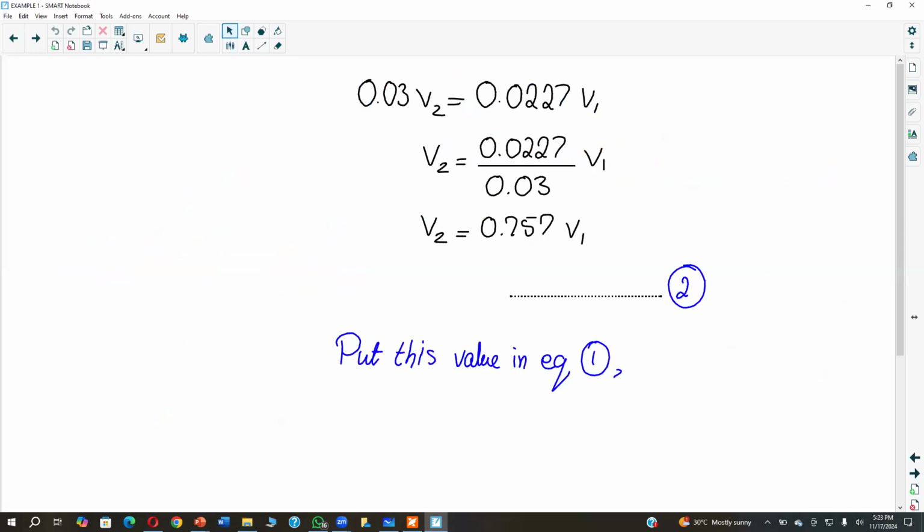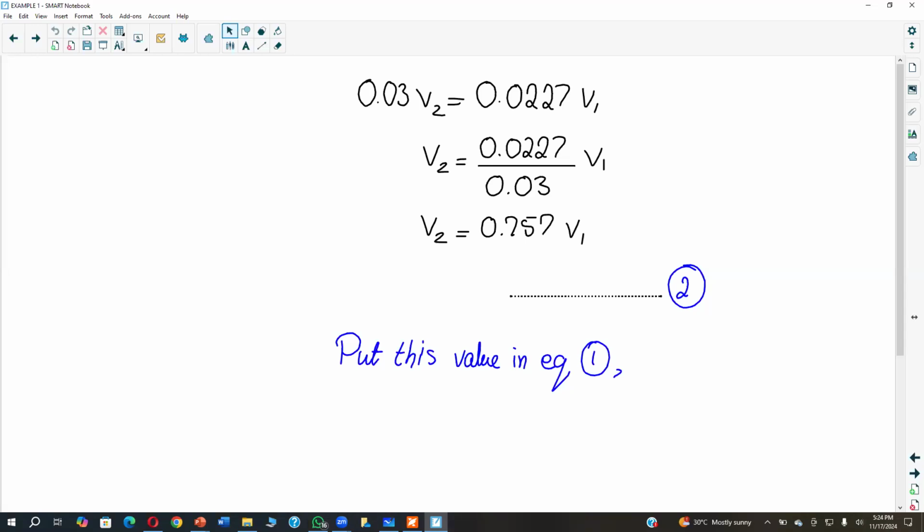Now I have made V2 the subject in my equation. So, sir, 0.757 is the value of V2.